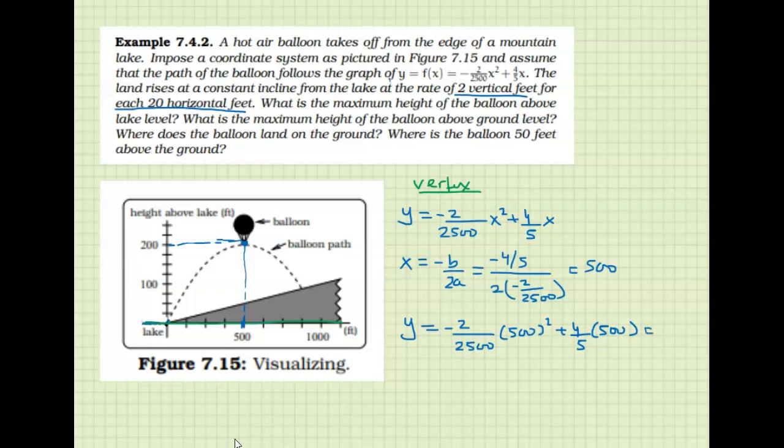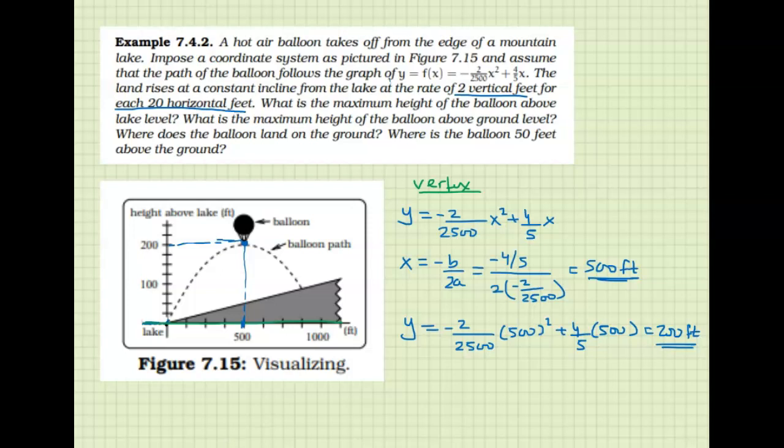Again, just use your calculator, and we get y equals 200. You can read that from the picture too. So that's the maximum height, and that's how far away straight from the lake. This is the height above the lake level.